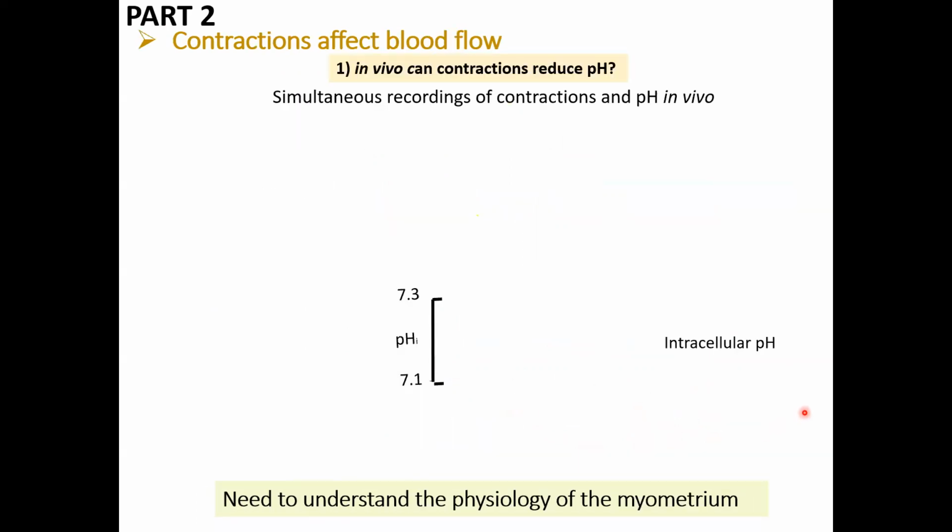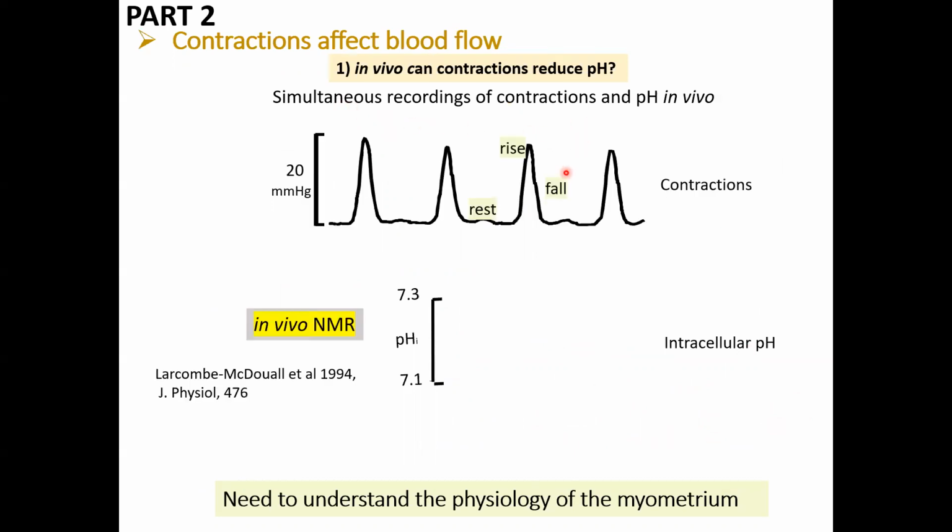So to answer the first question, we've done simultaneous recordings of contractions and pH in vivo. This time we've measured pH using NMR spectroscopy, and we've divided and analysed the contraction during these phases.